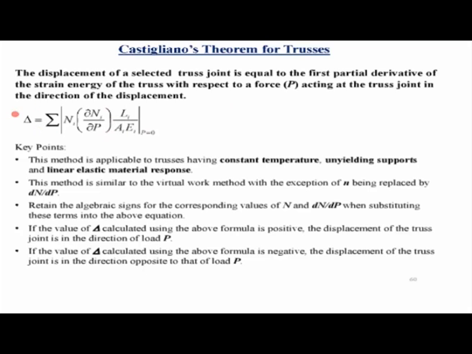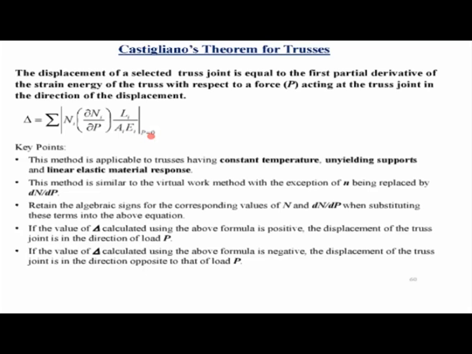And we saw that this is the final formula for calculating the displacement, where N is the member force due to external loads as well as P. This is the first partial derivative of N with respect to P in each of the truss members. L over AE is a constant for each truss member, so it is not dependent on P. If you take the partial derivative, this won't be affected. And finally, this has to be calculated at P equal to 0.